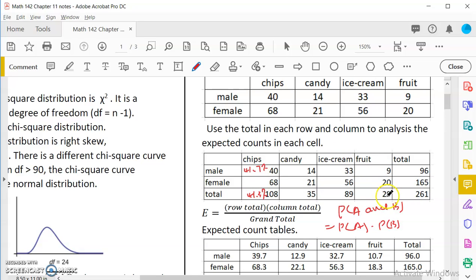Okay, so let's look at, out of the total 261, disregarding gender, 29. 29 out of 261 is 11.1%. But 9 out of 96 for male is 9%. So there seems to be a difference. If you don't look at the gender, there's a higher percentage of choosing fruits. But for male, if you know that person is a male, there's only 9%.